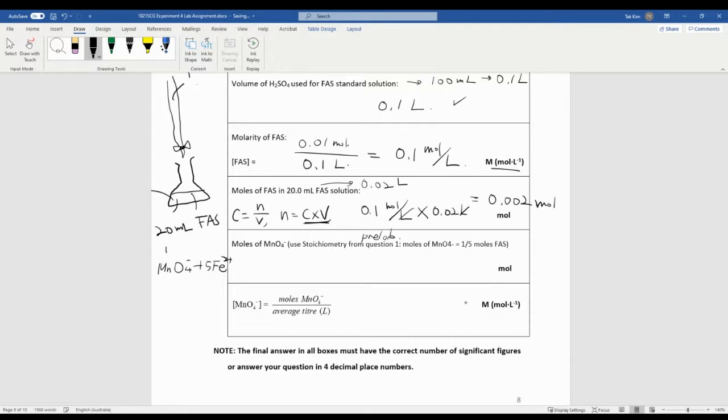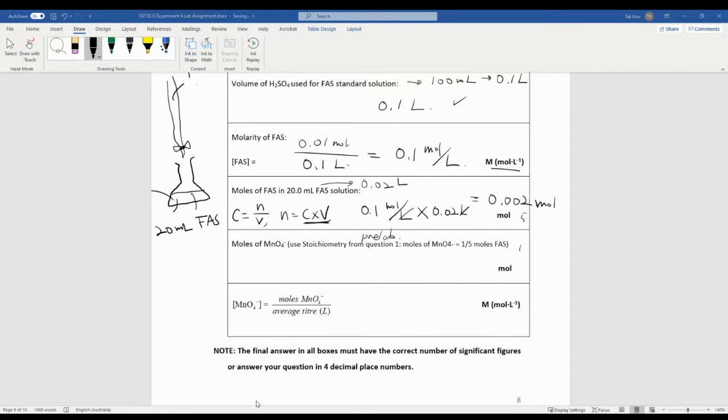So when you look at the ratio, it's a 1 to 5 ratio. That's what it says. So 1 mole of MnO4- reacts with 5 moles of Fe2+. So using this stoichiometry and the number of moles, you have to find the number of moles of permanganate. You just need to use this number and divide by 5, giving the number of moles of your permanganate.